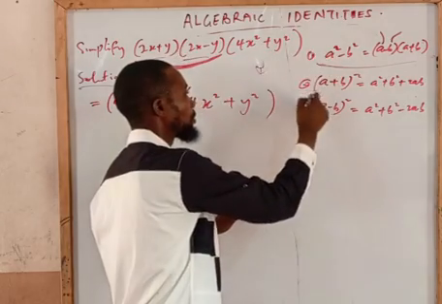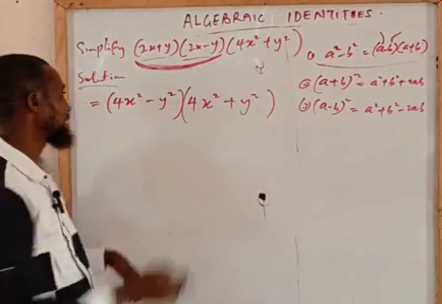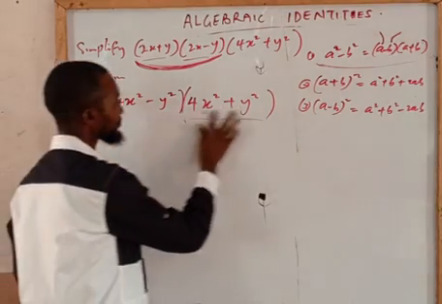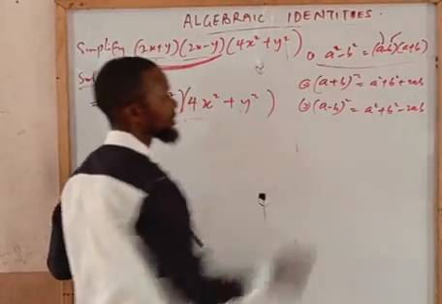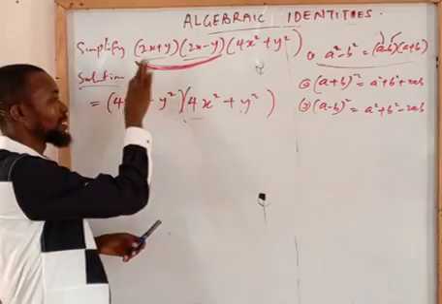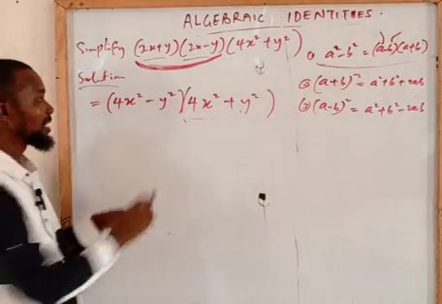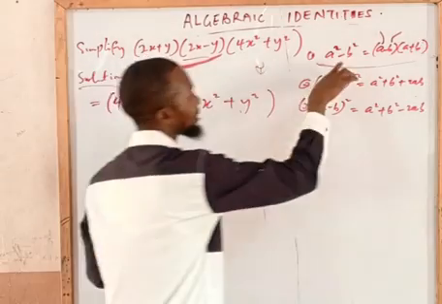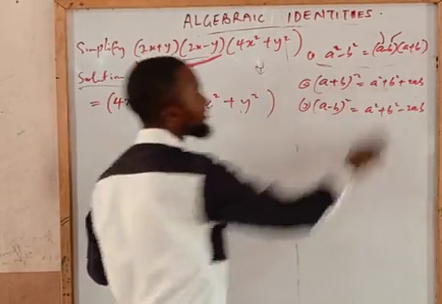And there is a third: a squared minus b squared. Now, which of these three identities does this resemble? What we have here resembles this one, because it means the square of the first item minus the square of the second item against the square of the first item plus the square of the second item, which is exactly what we have in this case.